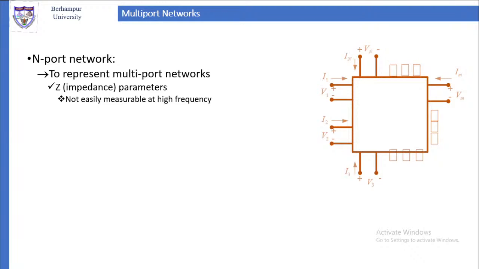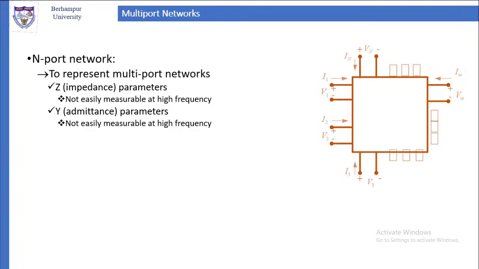These are not easily measurable at high frequency, because at high frequency you cannot define precisely what the voltage and what the current is at a point. That is the principle of uncertainty. Because of the principle of uncertainty, the exact values of voltage and current are unknown.